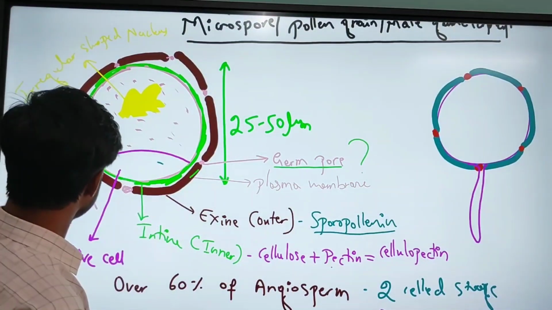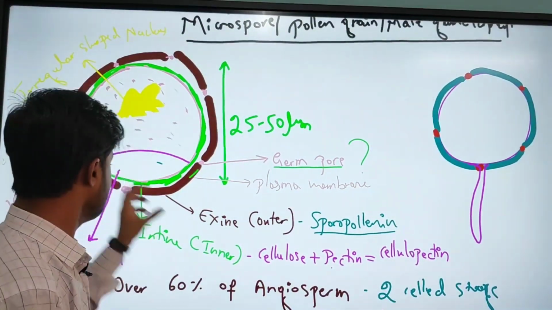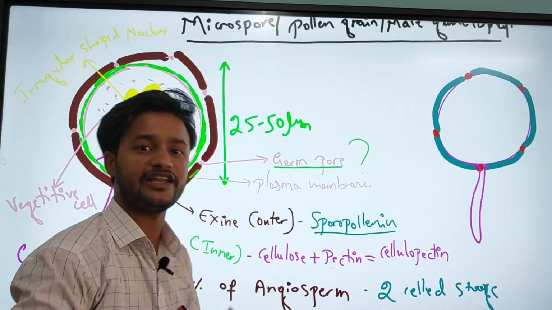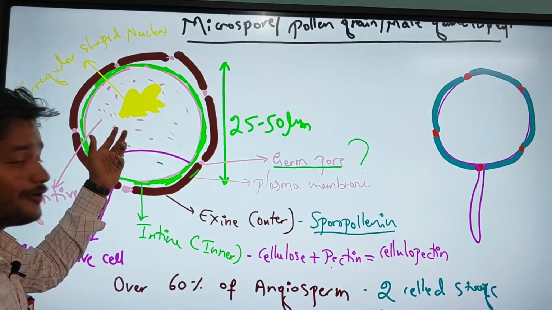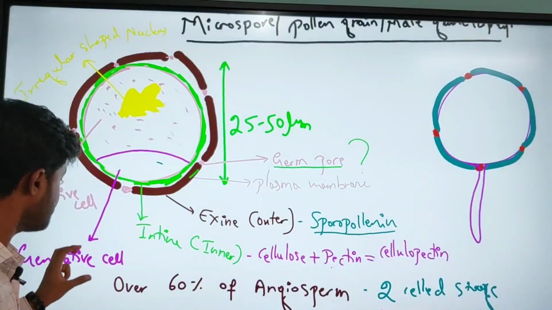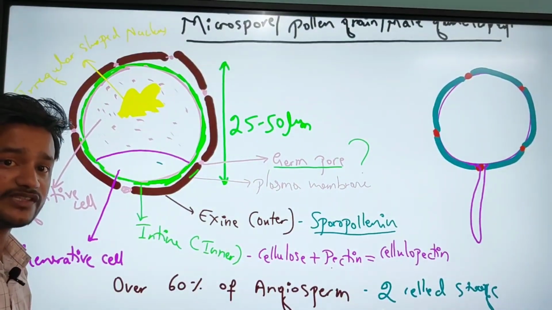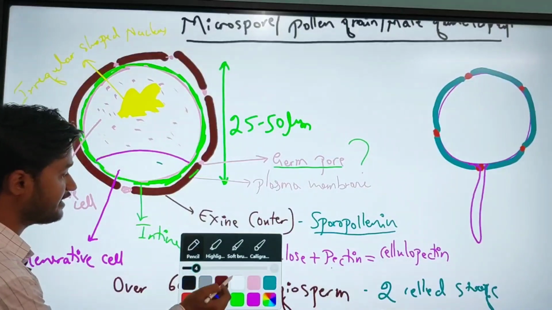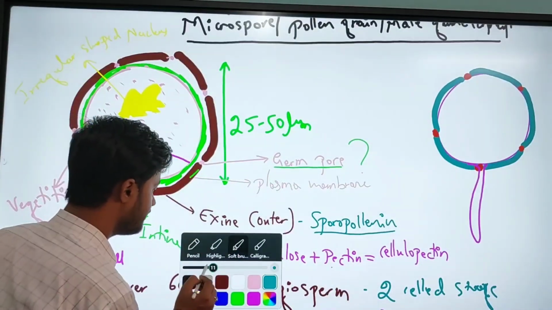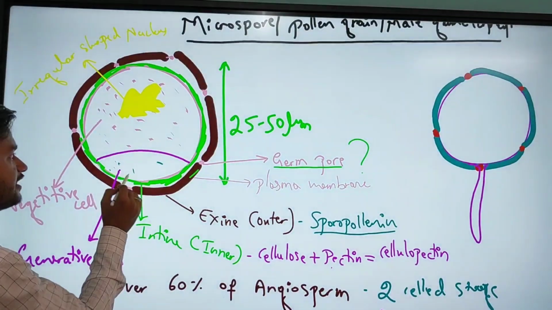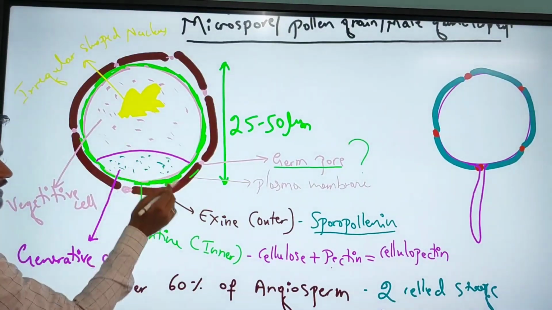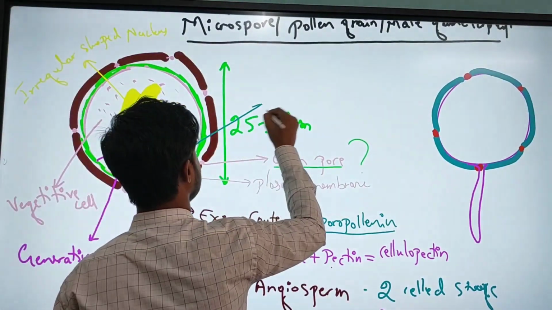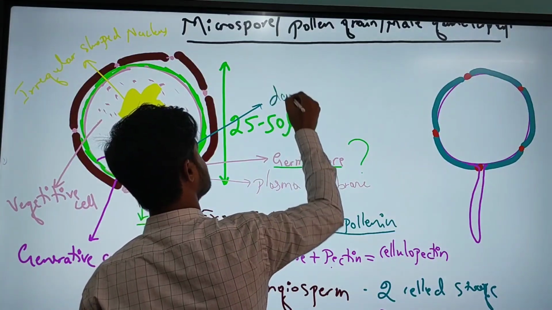Okay, in the cytoplasm of the vegetative cell, the generative cell is floating. The generative cell, which floats in the cytoplasm of the vegetative cell, is a smaller cell. It also contains dense cytoplasm.